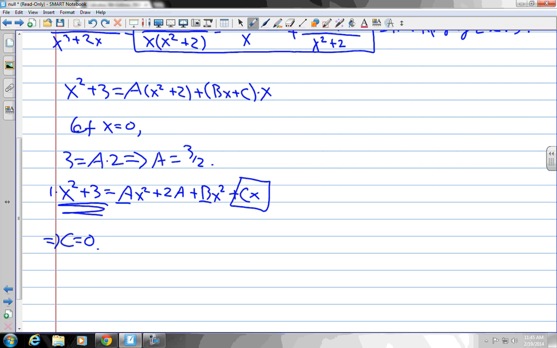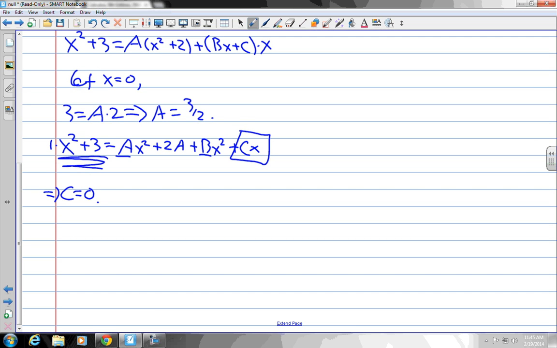The coefficient of x squared is 1, so a plus b equals 1, but we already found a, and since a equals 3/2, so 3/2 plus b equals 1, therefore b equals negative 1/2.